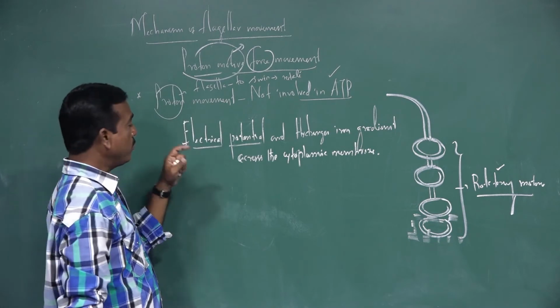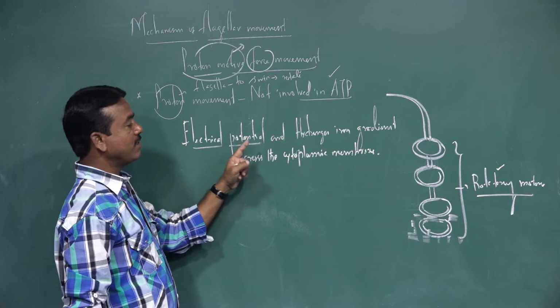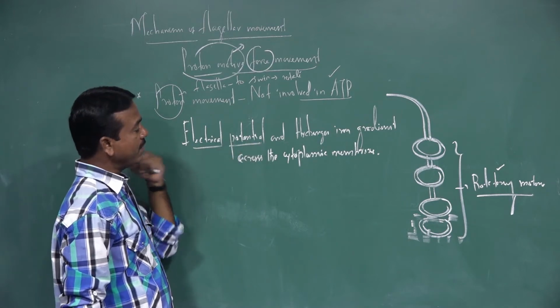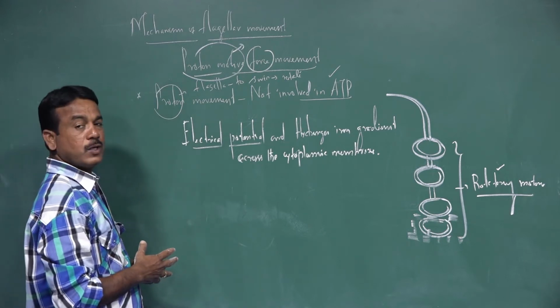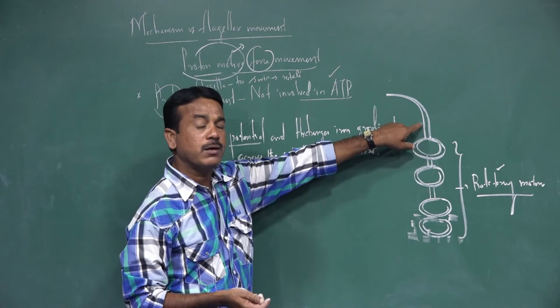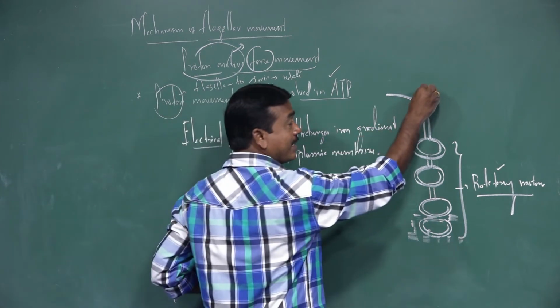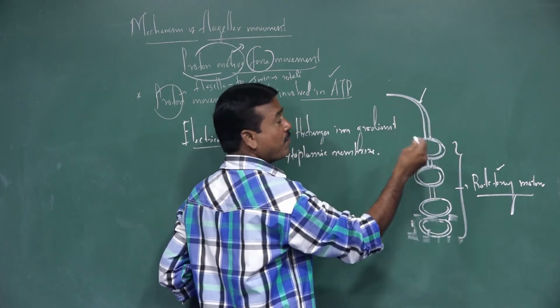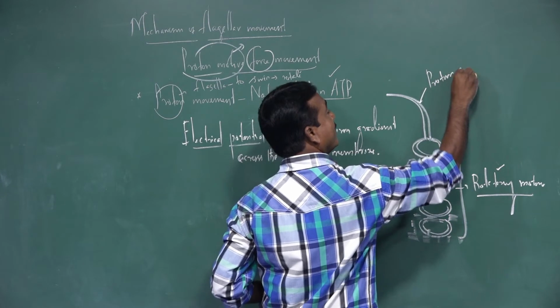So the proton motive force is derived from electrical potential and the hydrogen ion gradient across the cytoplasmic membrane. So the flagellum rotates and moves, and it gets its energy from the proton gradient.